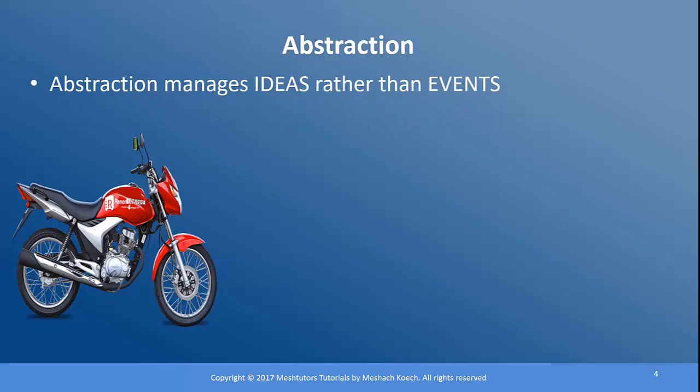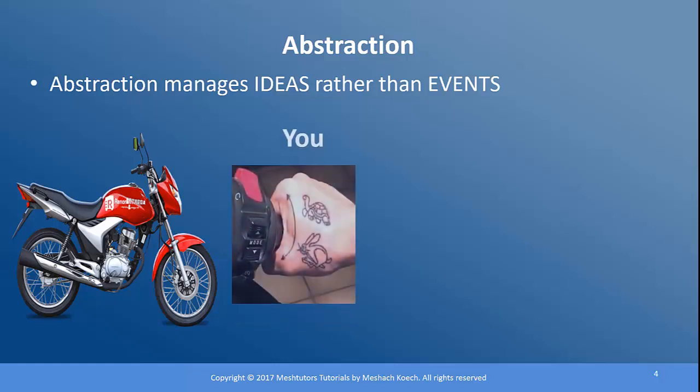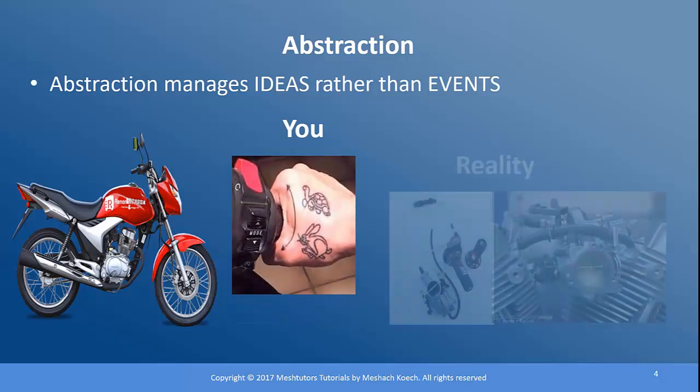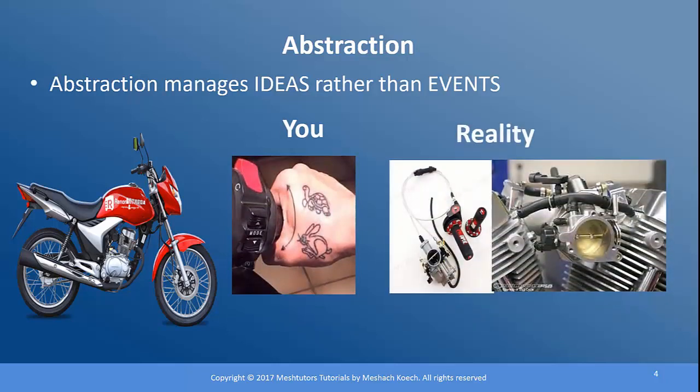The complexity of the motorcycle above is managed with a few ideas like turning the gas throttle to accelerate instead of thinking about how the fuel pump works in correspondence to the throttle, or changing the gear without worrying about the mechanism of the gearbox. In object-oriented programming, a powerful way to manage abstraction is through the use of hierarchical classifications.